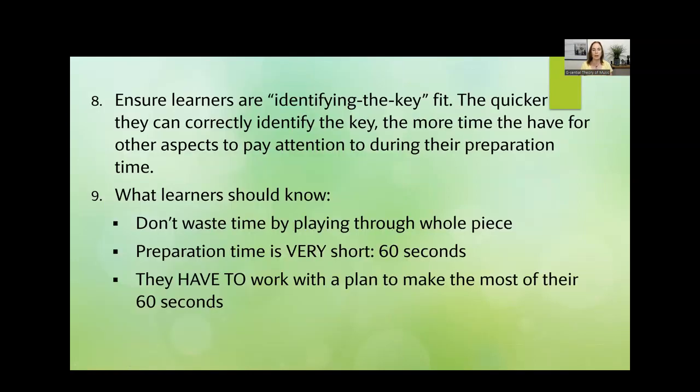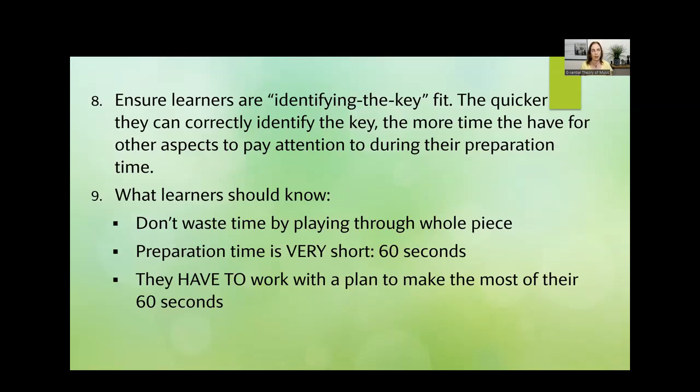Okay, then you have to also ensure that your learners are identifying the key signature. So the quicker they can correctly identify the key, the more time they have for other aspects to pay attention to during their preparation time.